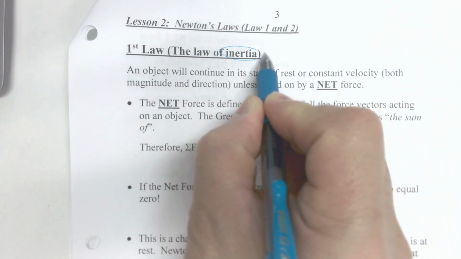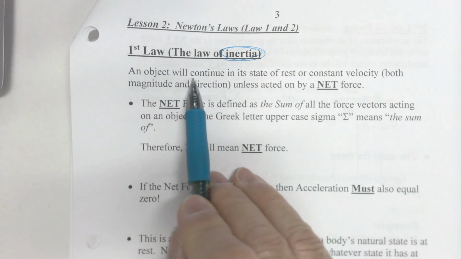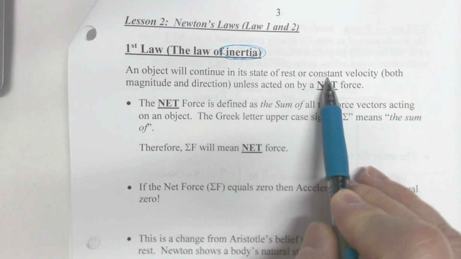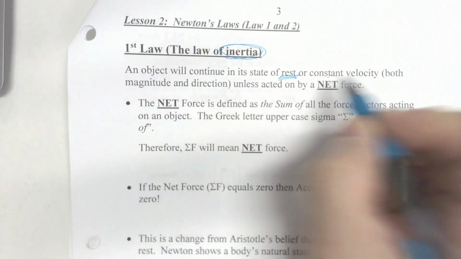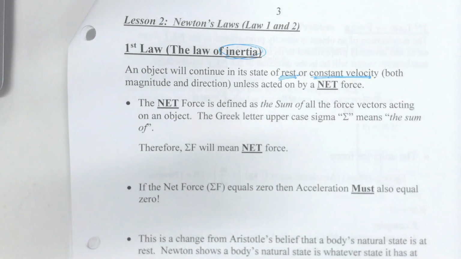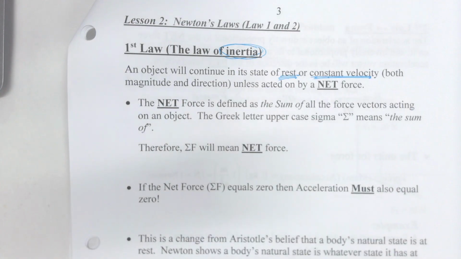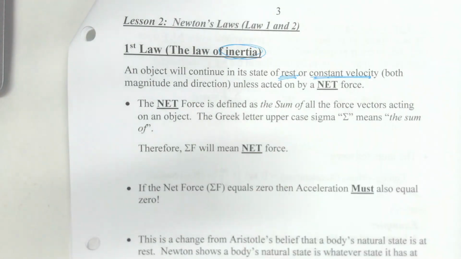This law of inertia states that an object will continue in its state of rest or constant velocity. So there are 2 parts to this: rest or constant velocity, both magnitude and direction, unless the object is acted upon by some net force. Okay?